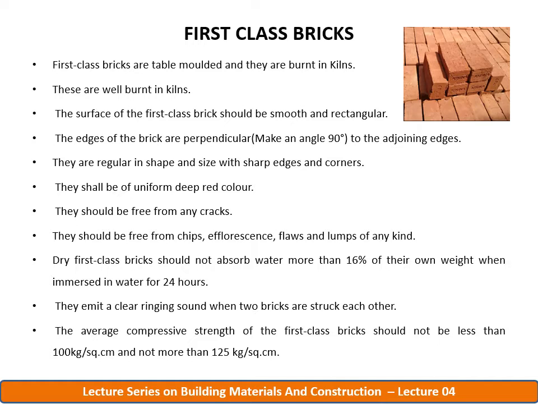They are regular in shape and size with sharp edges and corners. They shall be uniform deep red, cherry red in color, and they should be free from any cracks. They should be free from chips, efflorescence, any faults and lumps of any kind.